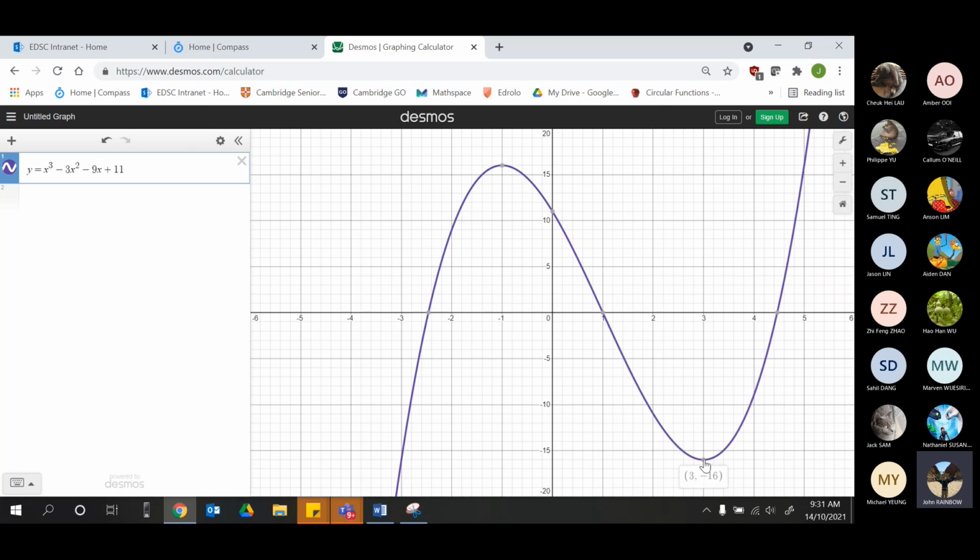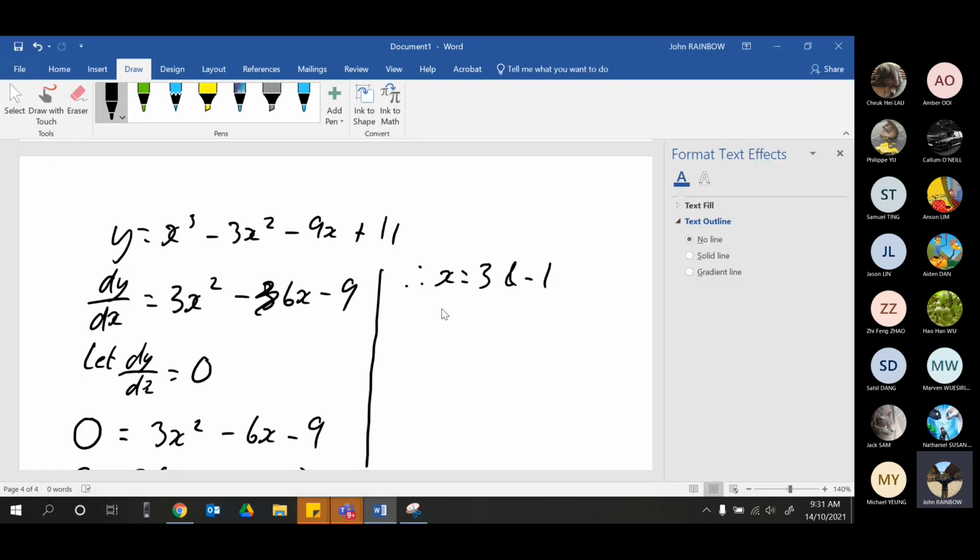So it should be -16. Substituting in 3, it would be -16. If we sub them into the equation, we get y equals 3 cubed minus 3 squared minus 9 times 3 plus 11. This worked out really well because I don't even need to figure out that 27, because that's 2 3s.